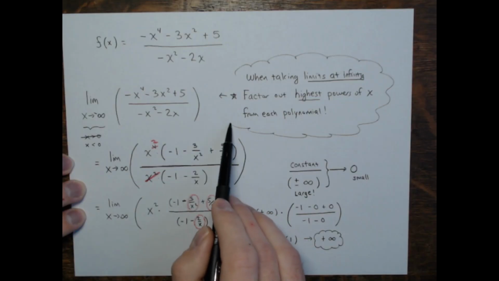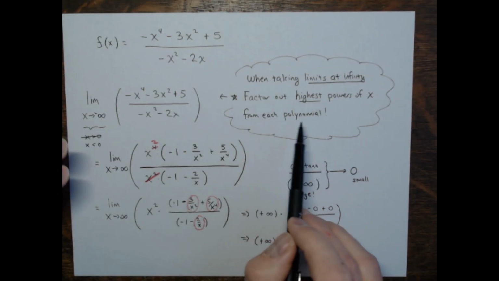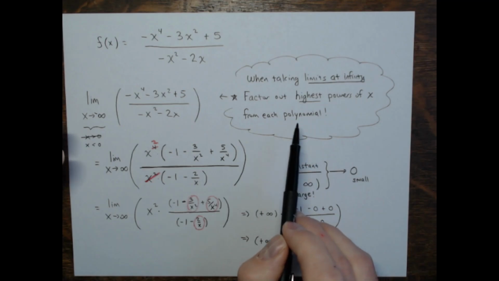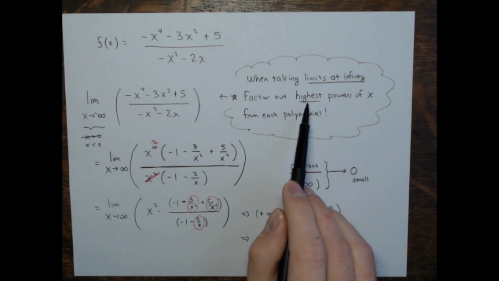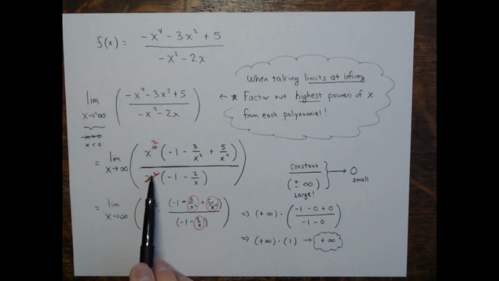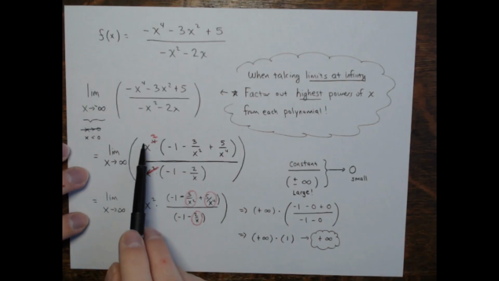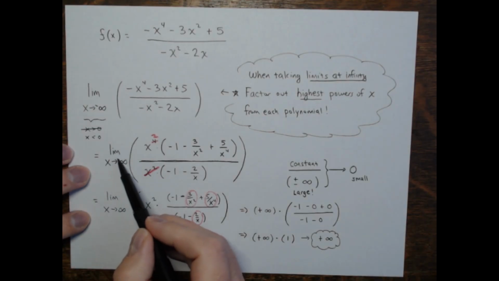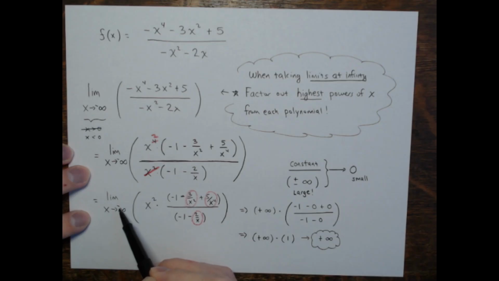When we're taking limits at infinity and polynomials are involved anywhere in the expression, I'm going to factor out highest powers. So again, I would pull out x to the fourth from this one, pull out x squared from this one. The cancellation would happen, again, because x is going to negative infinity. It's definitely not 0.